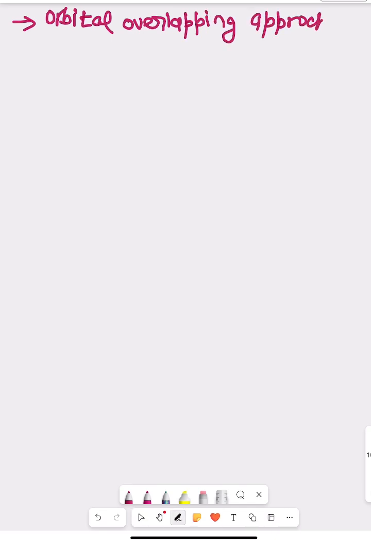Now let's see the orbital overlapping approach in hyperconjugation. The very first example is the carbocation. How will you show its orbitals?